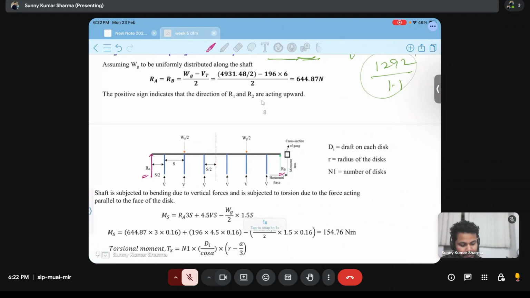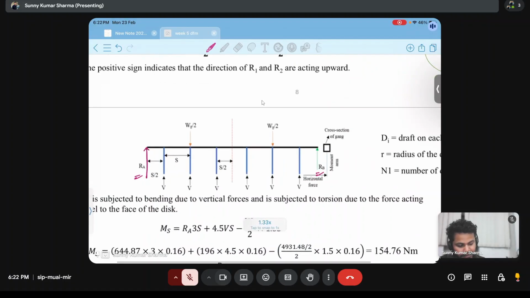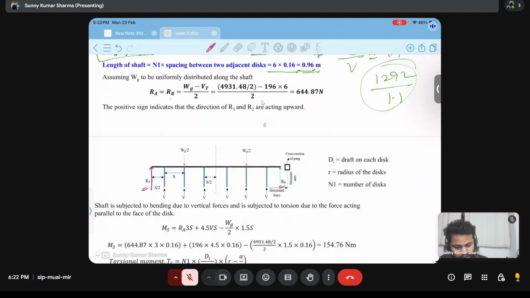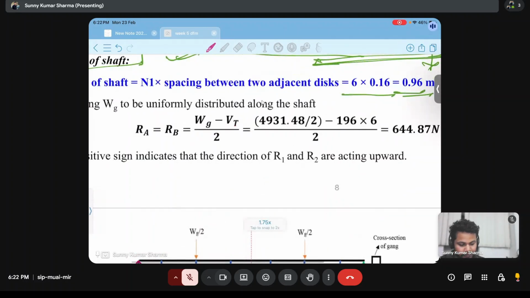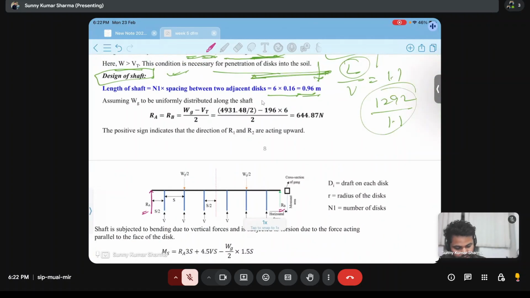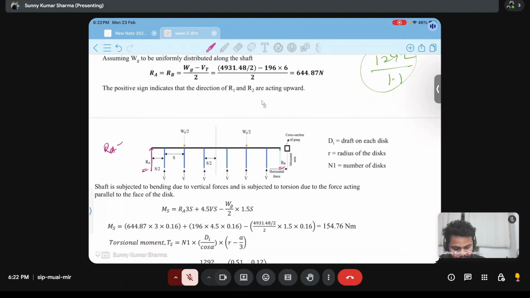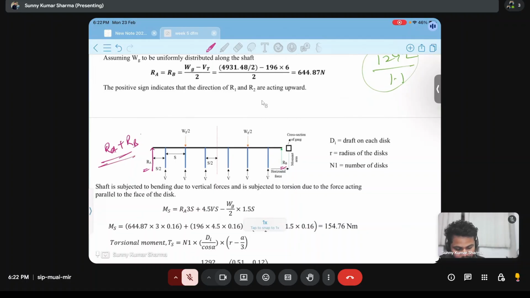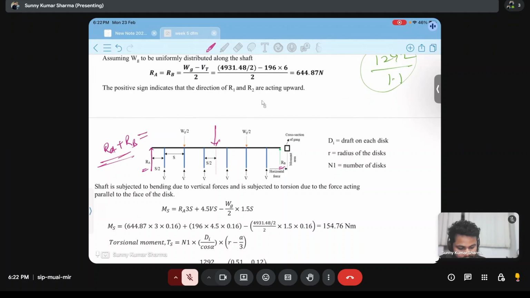RA and RB are generally the same. So RA equal to RB will be equal to (WG minus 6V) by 2. You can see from here that RA plus RB, acting in the same direction, upward, will be equal to WG acting downward minus the 6 V's, 1 2 3 4 5 6 V, acting in the same direction.